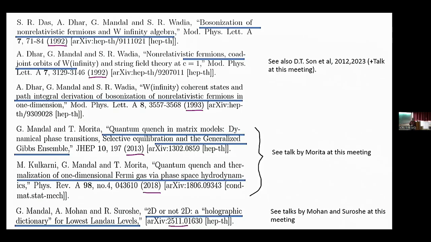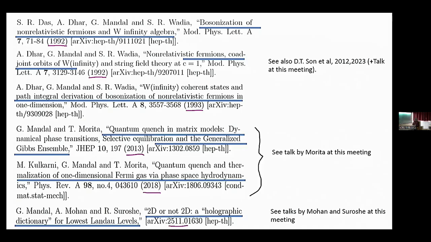And what we showed here again is the equilibration to GGE, from many different kinds of quantum quenches, starting from confining potentials of various shapes. You just switch off those potentials, and then there are various power laws depending on the shape of the potential.